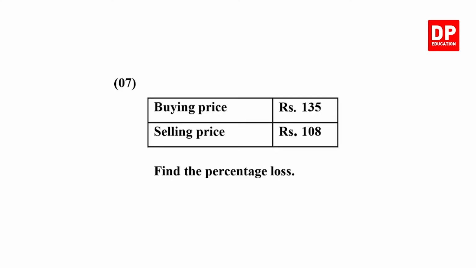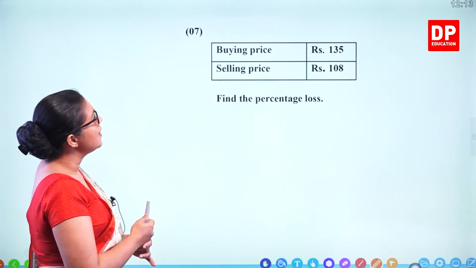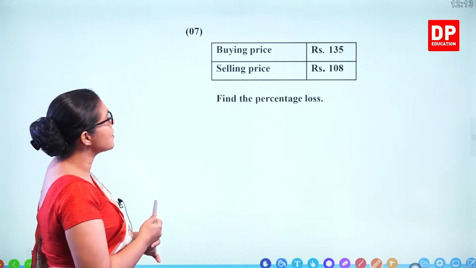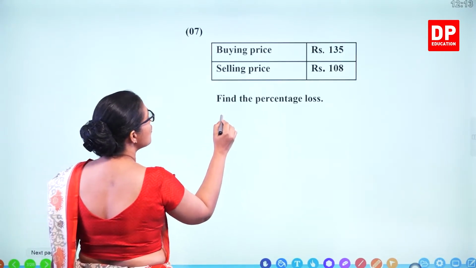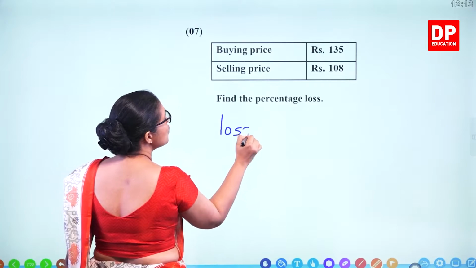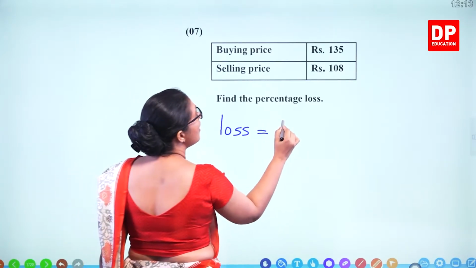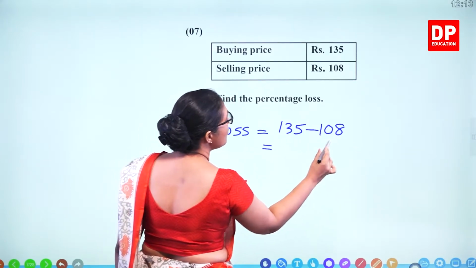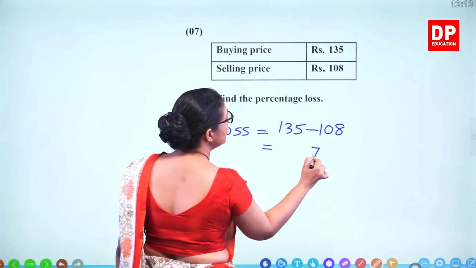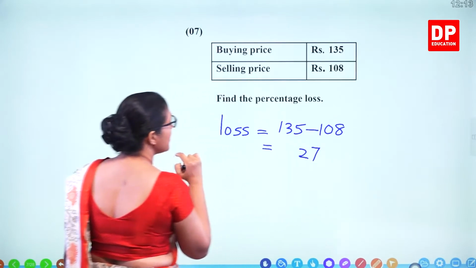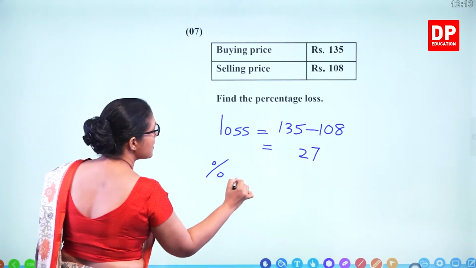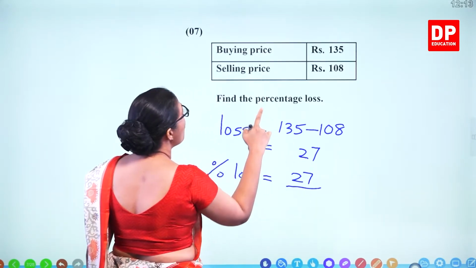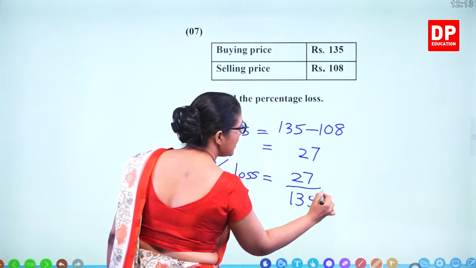Question number 7. Buying price is given 135, selling price is 108. Find the percentage loss. So what is the percentage loss? First we need to calculate the loss amount. The difference between these two. You get 27. So percentage loss is equal to the loss value over buying price into 100.